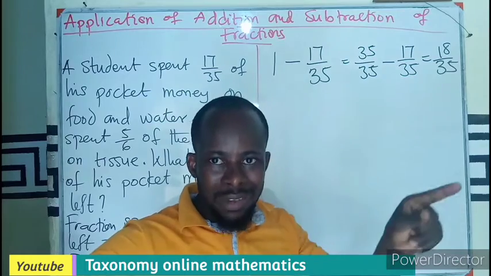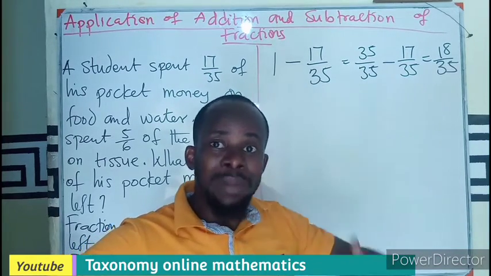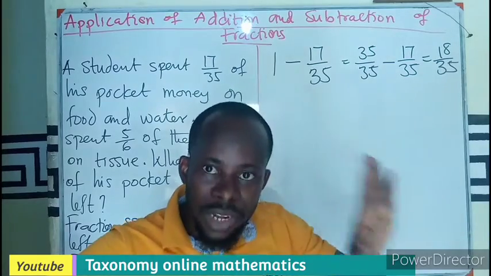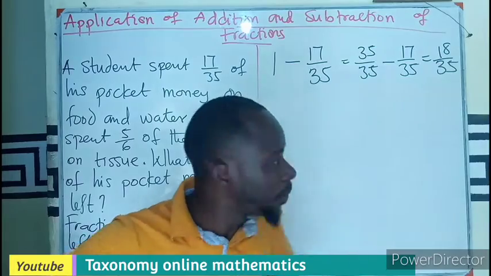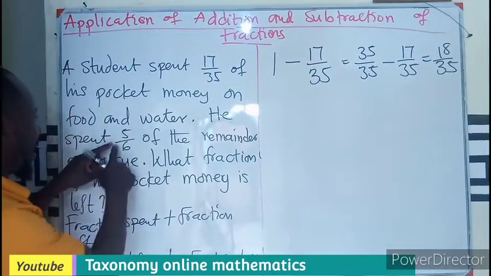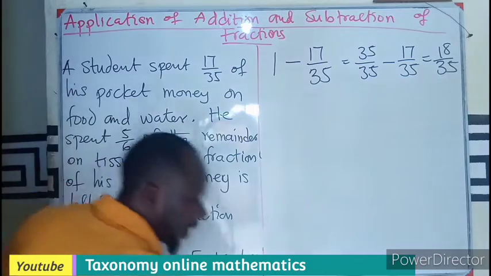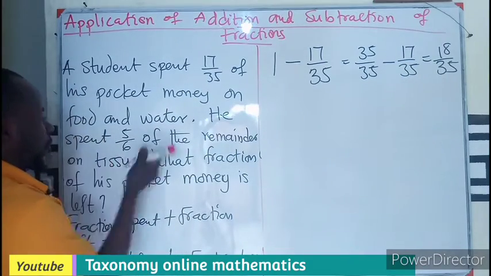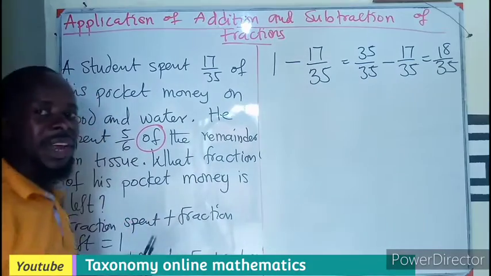Meaning I cannot enter a store with full vim that I have 5 cedis in my pocket to go and price an article. No, I have only 3 cedis. So every calculation in my mind is on 3 cedis. So here they said 5 over 6 of the remainder. Mathematics says that 'of' means multiplication.